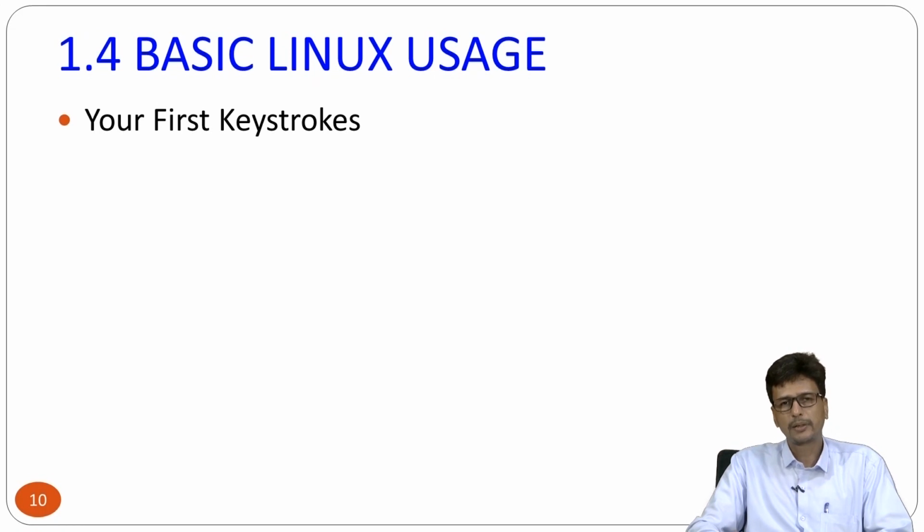Another option is that there are multiple operating systems like Red Hat Linux, Ubuntu, and Fedora. You can install such an operating system on your laptop or desktop system. You have to install it separately by partitioning the hard disk.